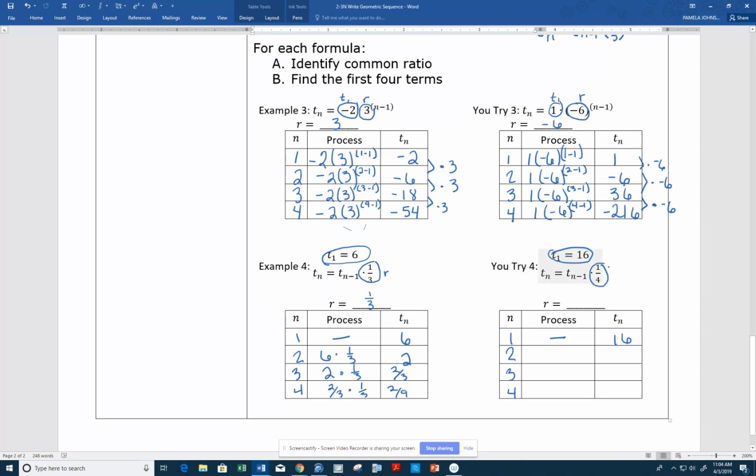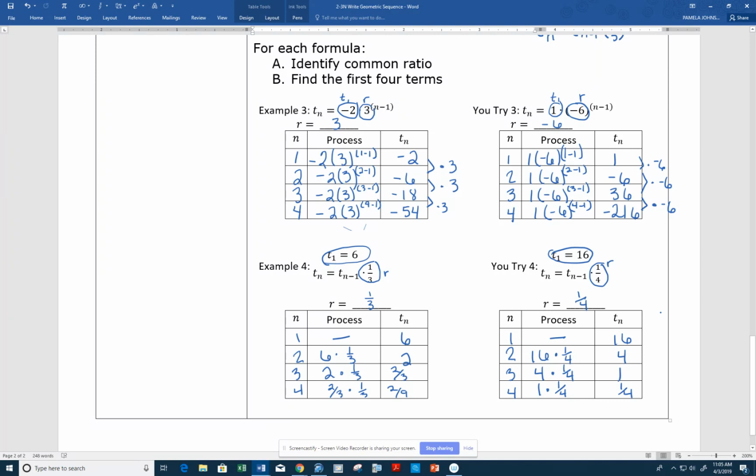This 1/4 is your common ratio. So we're going to do 16 times 1/4. We're going to get 4. 4 times 1/4, we're going to get 1. And then 1 times 1/4, we will get 1/4.